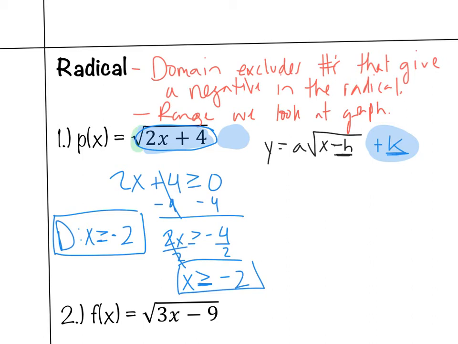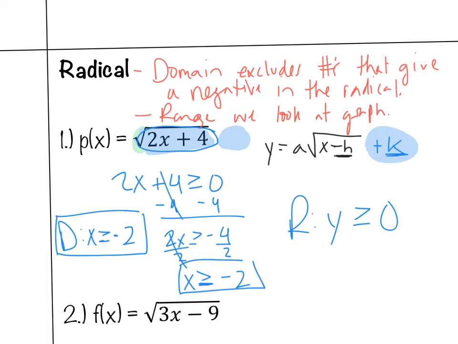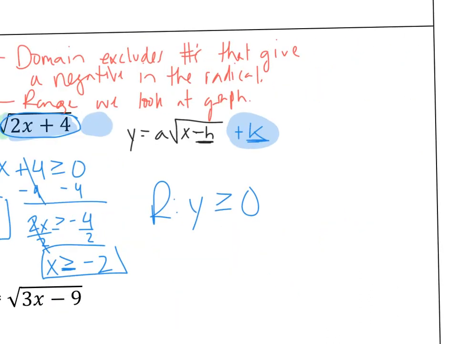So the k value is 0, meaning that the vertical change is 0. So our range is y is greater than or equal to 0. Basically on a graph, it looks something like this. So you can see that it starts at 0 here and then goes up. So y is greater than or equal to 0.